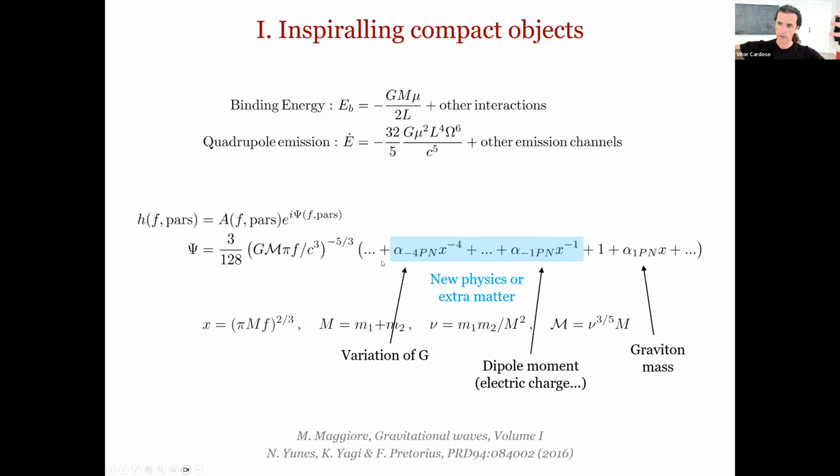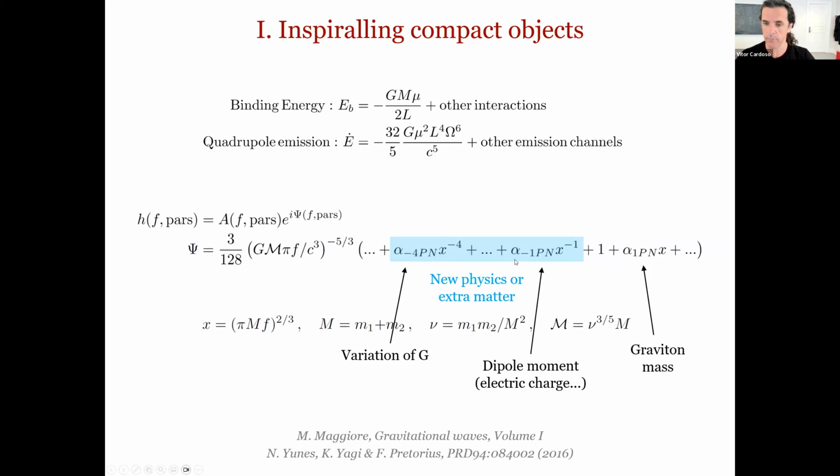Dynamical friction, the drag that the environment exerts on your binary, comes at -5.5 PN order for fluids. Okay? If the graviton has a mass, then you'll get an extra correction at +1 PN order, and so on and so forth.